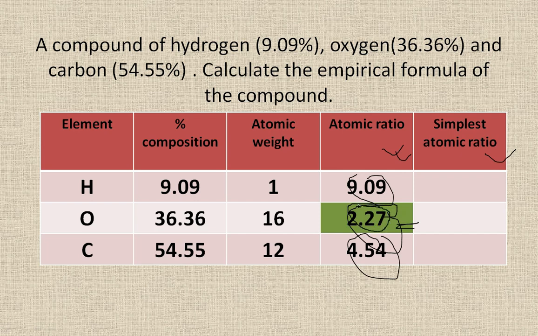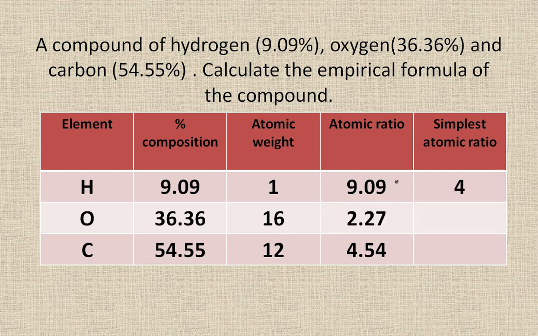The smallest value is 2.27. We'll divide each with 2.27. So when we divide 9.09 by 2.27, we will get 4. When we divide 2.27 by 2.27 itself, we will get 1, and we divide 4.54 by 2.27, we will get 2.